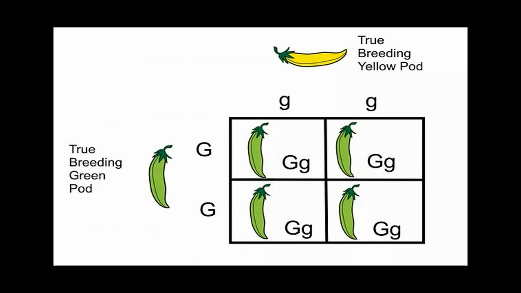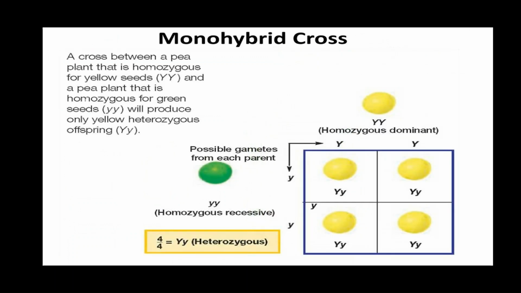Yellow can only appear if the alleles are homozygous recessive, that is, two recessive alleles standing together. Again, another type of crossing, observe carefully. We have two parents, one green, one yellow. Check the offspring. All of them are yellow. What happened to green? Where did green go?